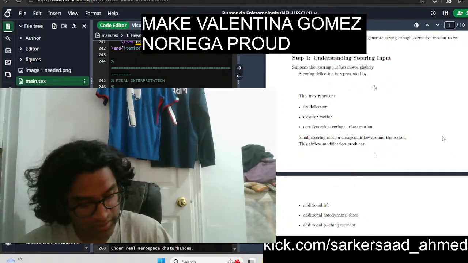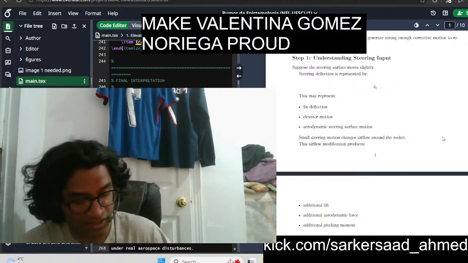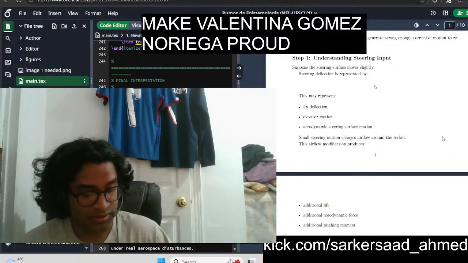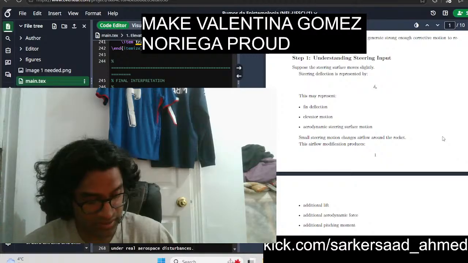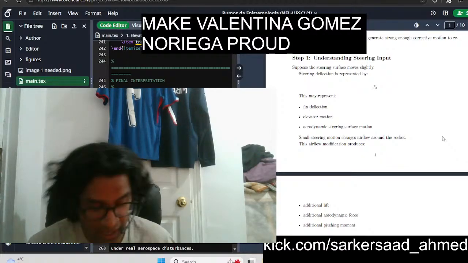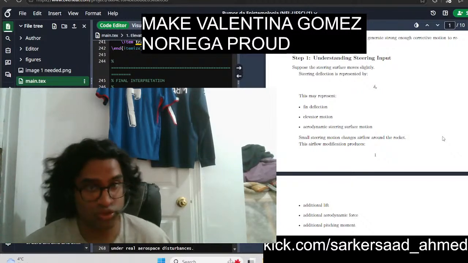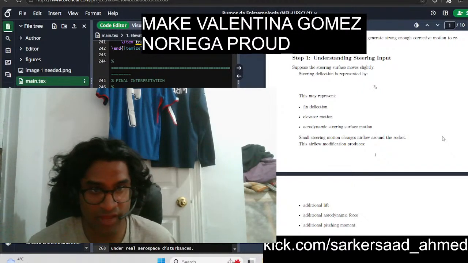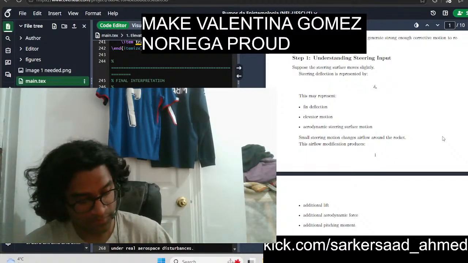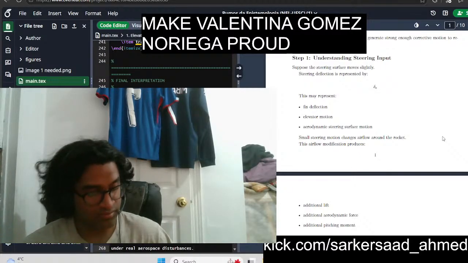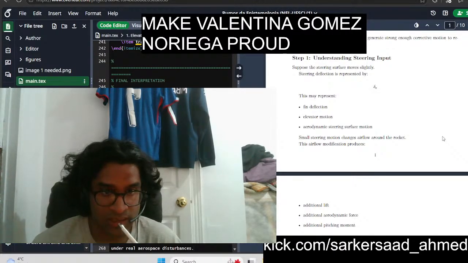So curl E, which is the steering deflection. Steering deflection will represent fin deflection, elevator motion, aerodynamic surface motion, right?